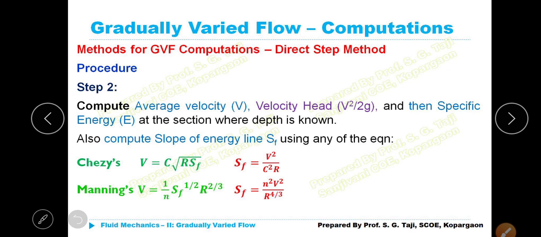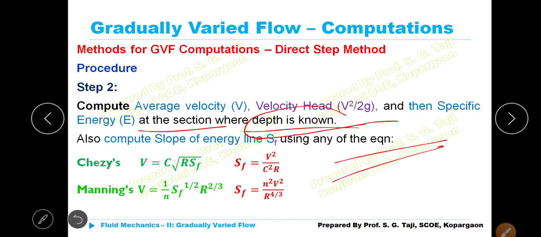Compute average velocity V, velocity head, that is V squared by 2g, and then specific energy E at the section where the depth is known. Also compute the slope of the energy line Sf using any one of the equations, Chezy's formula or Manning's formula, for finding out velocity.